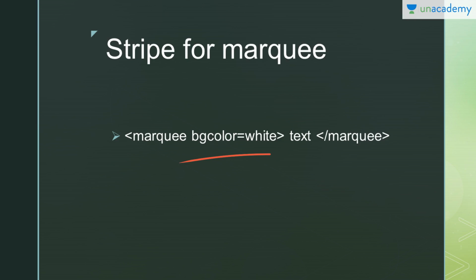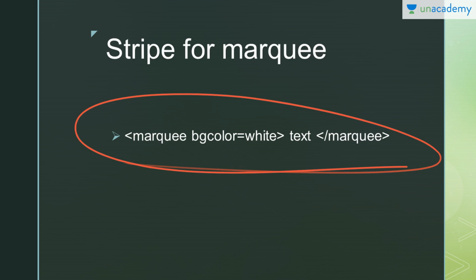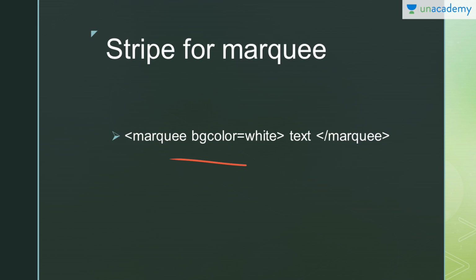You can define the color of your stripe here, and the heading, paragraph or text between these marquee tags will float or move from right to left on that generated stripe of the defined color. Like here I have defined the color to be white, okay?